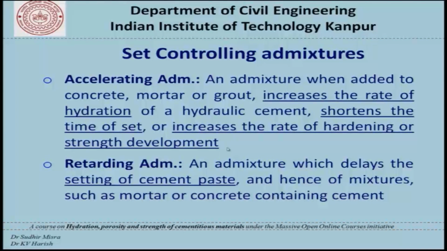A retarding admixture is defined as an admixture which delays the setting of cement paste and hence of mixtures such as mortar or concrete containing cement. Remember that we will see more information about accelerators and retarders in other lectures dealing with hydration of cement.